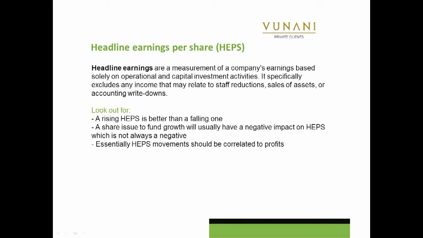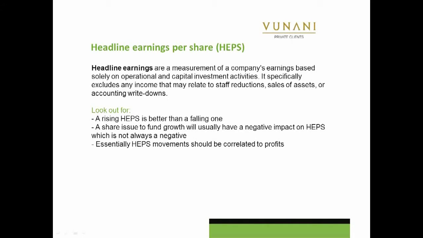On the profit side, it could be a one-time contract that the company has got, but that won't be repeatable in the future. So you must just watch out for those things. Also, an asset disposal forms part of those non-operational gains, where you will not be able to repeat that performance. So what you really need to look out for here is that a rising headline earnings per share is better than a falling one.